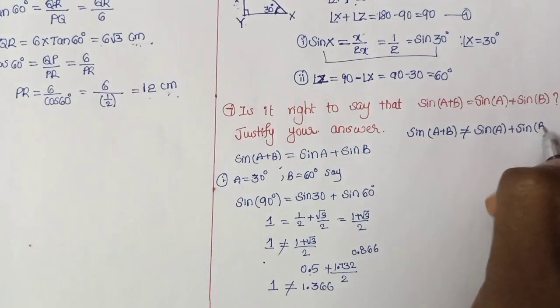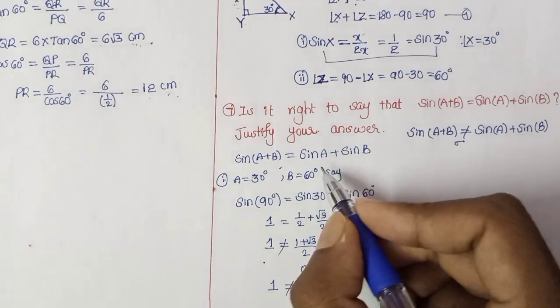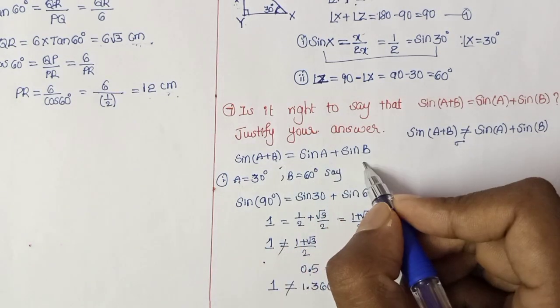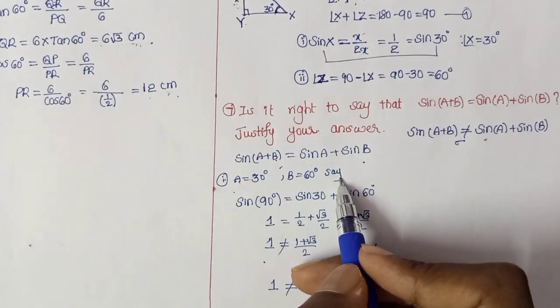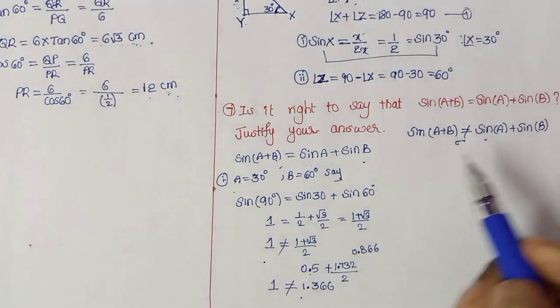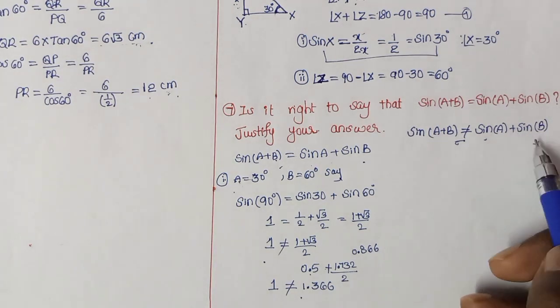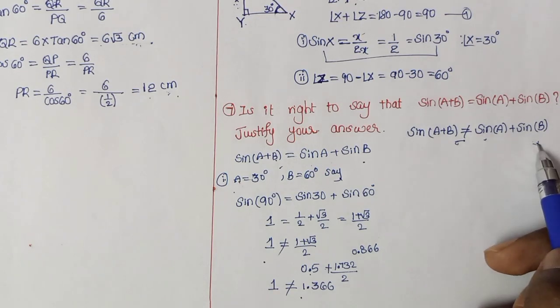I mean to say, this is not an identity. This may be true, that is, sin(A + B) can be equal to sin A plus sin B, but not in all cases, because we took one random case and it is not showing equal. So this is not an identity, not equal always, but can be equal in some case.